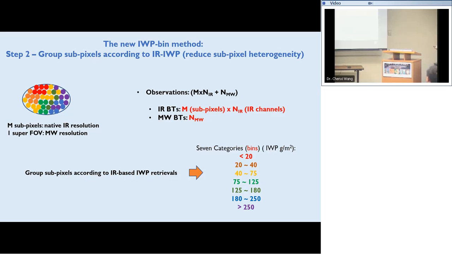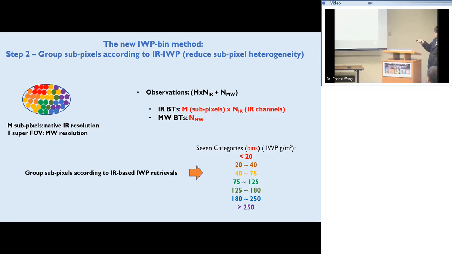In step 2, we create a strategy to group those subpixels. This is the strategy we are currently using, but maybe in the future we can find a better way to do this. We group the small pixels by the infrared-retrieved ice water path.